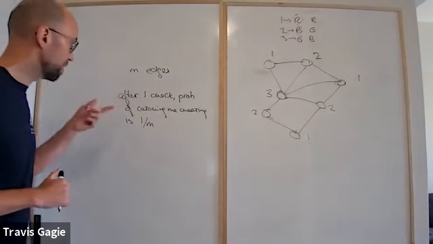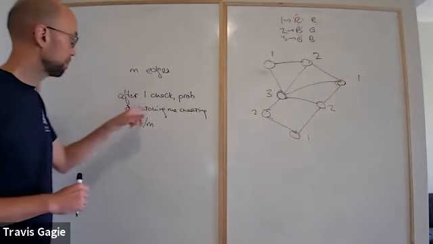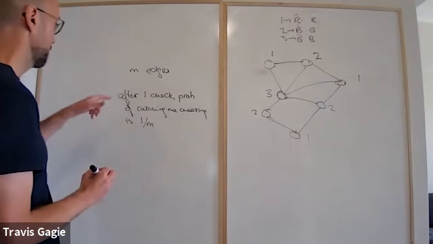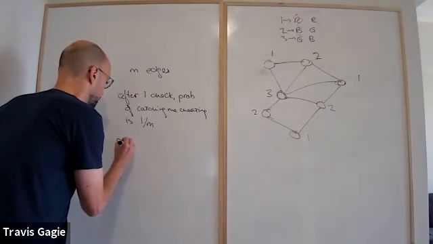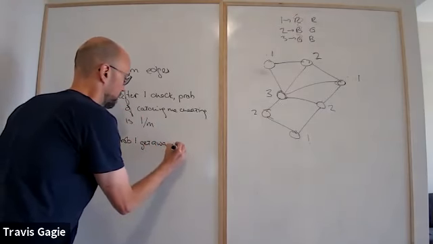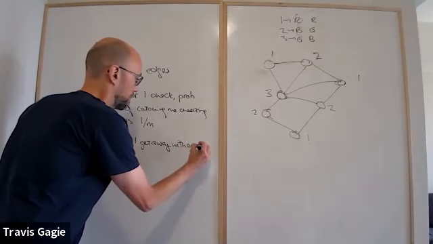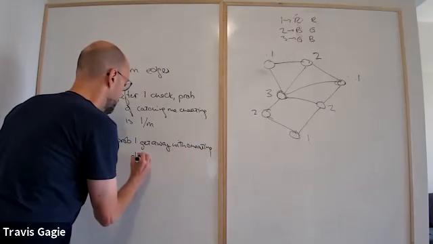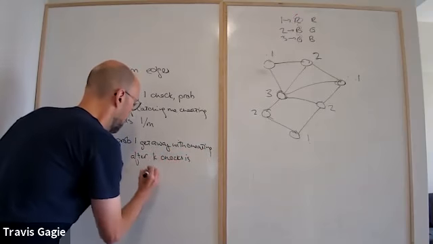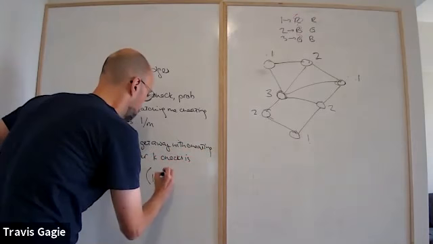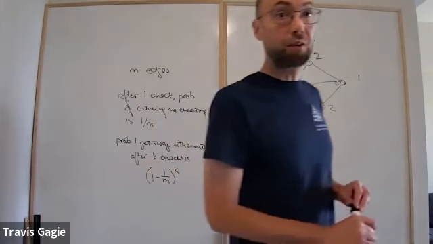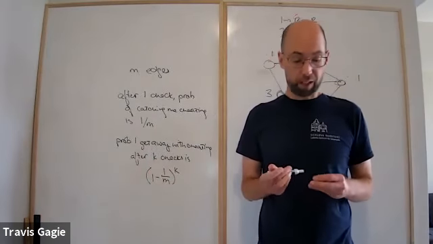So the probability that I'm cheating and I get away with it after k checks is (1 minus 1 over m) to the k. So yes, for 1 and 2 checks, I'd probably get away with it.